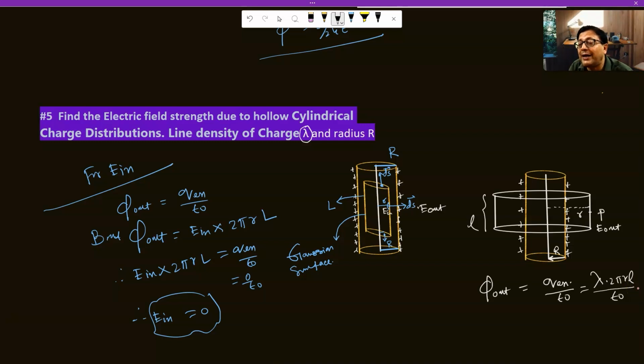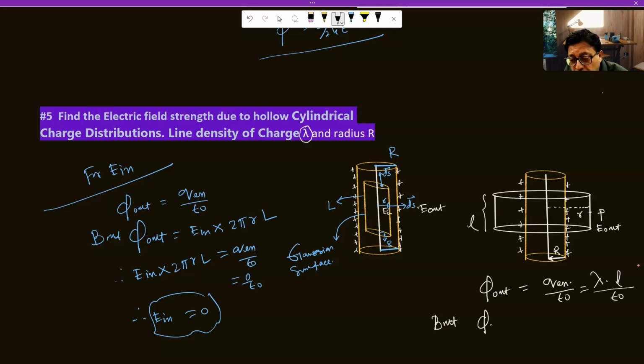But wait a minute, the charge enclosed will not be lambda into 2 pi RL. Per unit length it is lambda, so over the length it will be lambda into L. Along the length of the cylinder it is lambda. So phi out will be lambda into the length of this big cylinder, divided by epsilon 0.